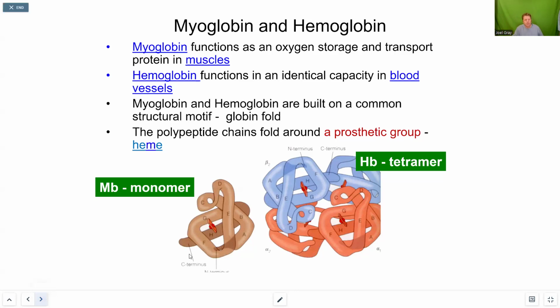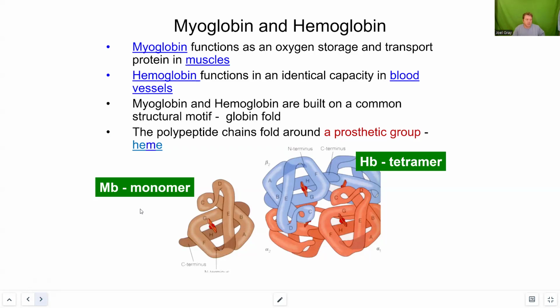Now, here are our structures that are similar, but with a little bit of a difference. We've got our myoglobin monomer and our hemoglobin tetramer. An important thing to remember is that hemoglobin is not four myoglobin subunits. It's not like we've reached a critical concentration of myoglobin and can now make hemoglobin.